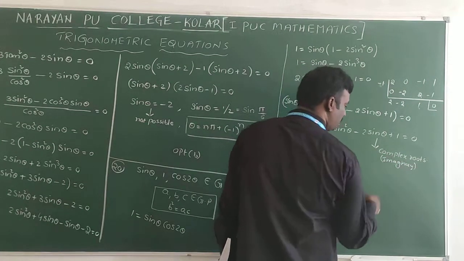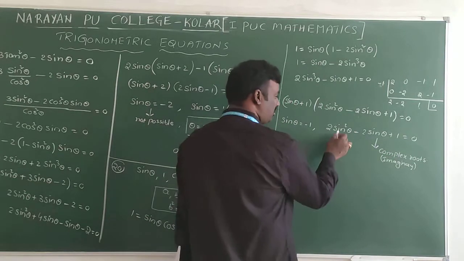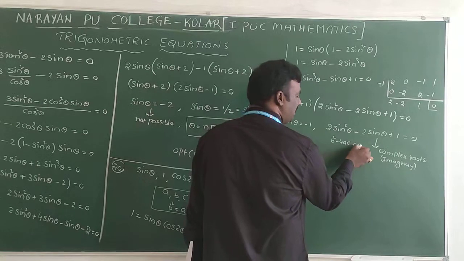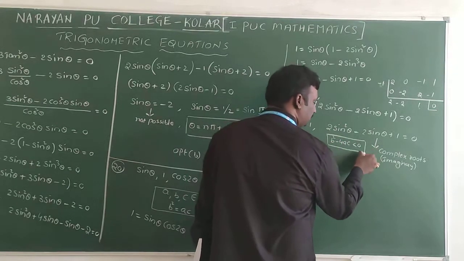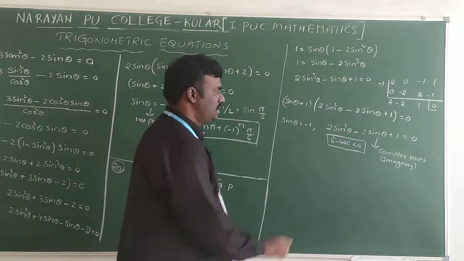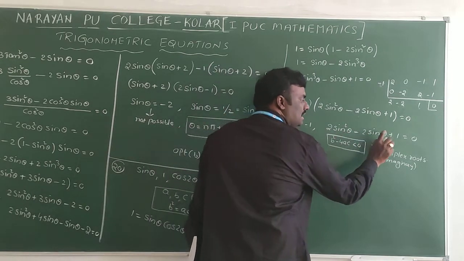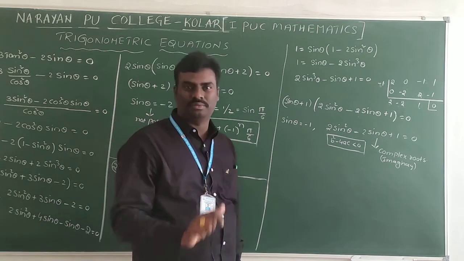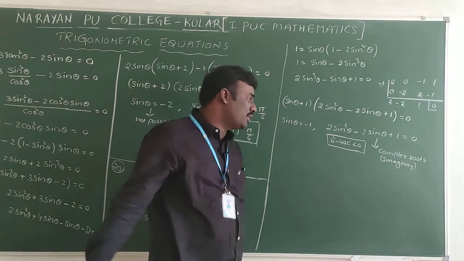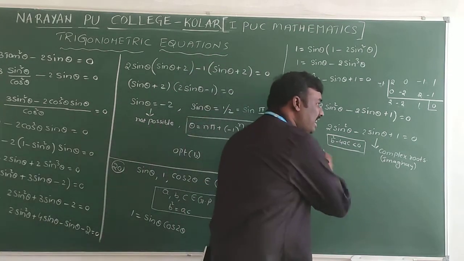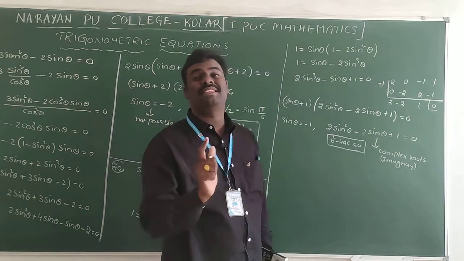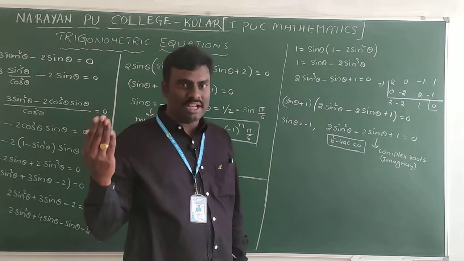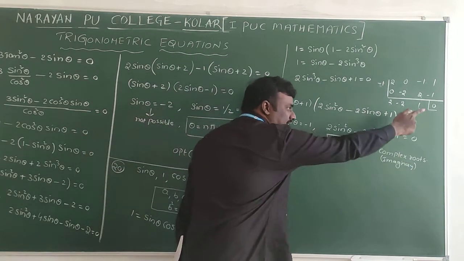Why does it give imaginary roots? For this equation, b square minus 4ac is less than 0. This is A, this is B, this is C. You find b square minus 4ac, that is negative. If b square minus 4ac is negative, we will not get real roots, we will get imaginary roots. But we always require real roots. That's why don't take the second condition.